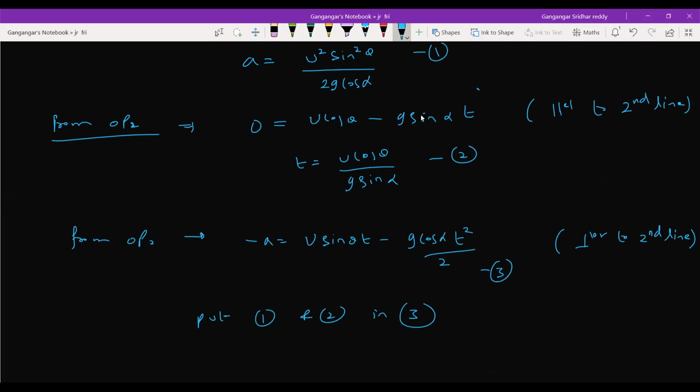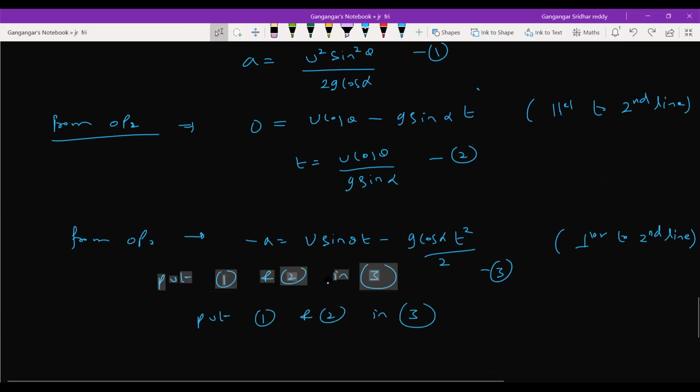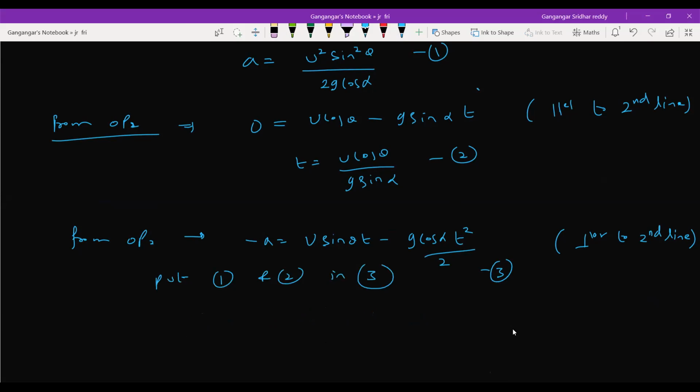Writing these equations is very important. Okay, the rest is all solving now.